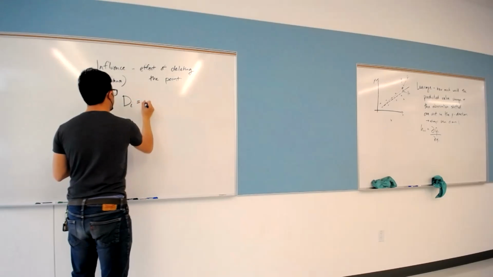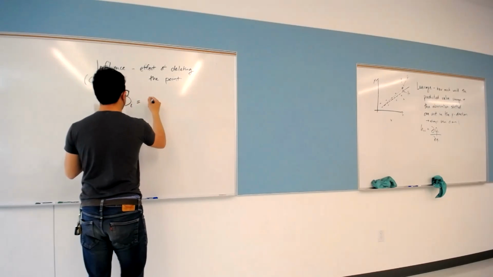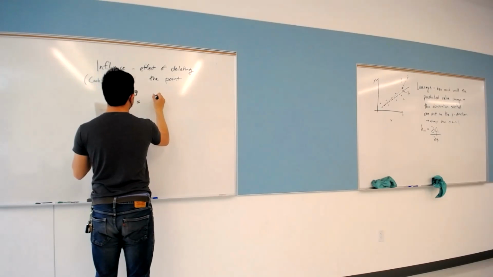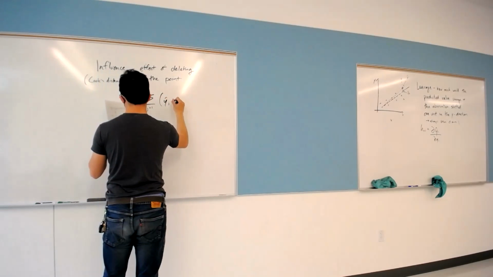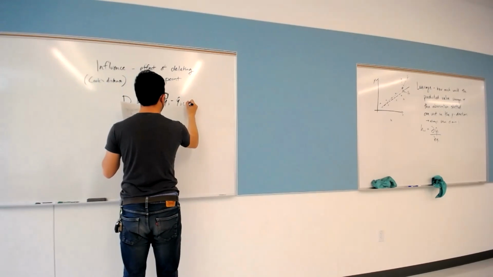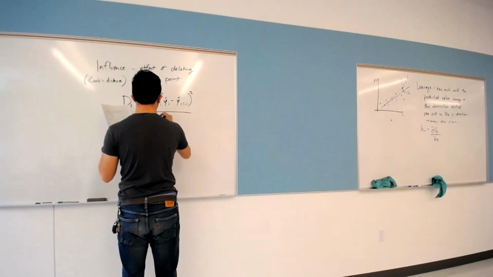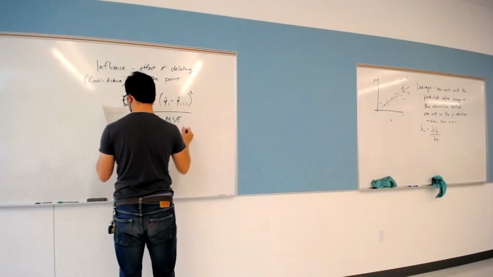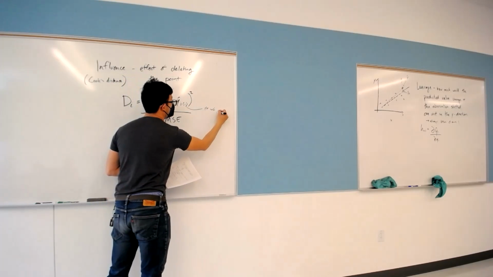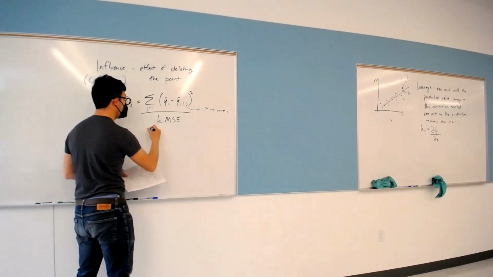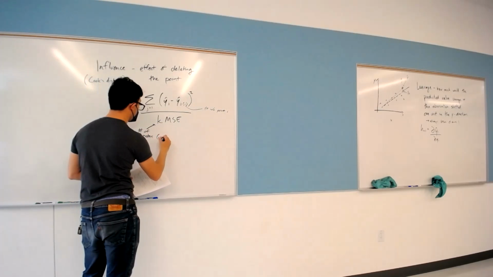So the nomenclature is usually Di for Cook's distance, and it looks something like this: the sum over j equals 1 of y hat j minus y hat j(i), where y hat j(i) is the fit without point i, and p is the number of parameters or coefficients.